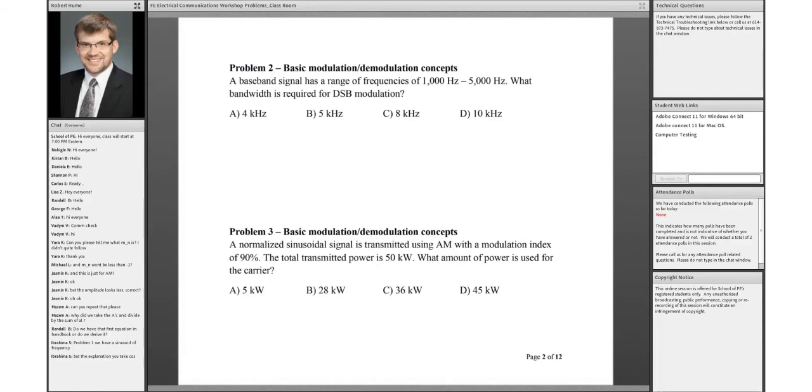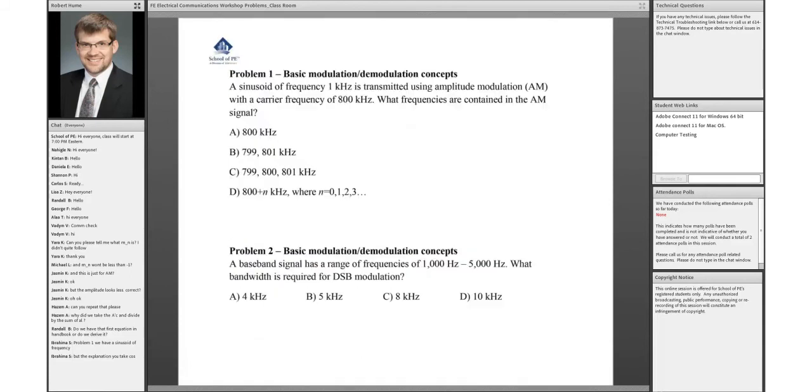Okay, so for problem 1, I said a sinusoid, but then I wrote out cosine. So when I say sinusoid, I'm saying a cosine could be a sinusoid. I wasn't necessarily saying sine of 2 pi times 1,000 t.